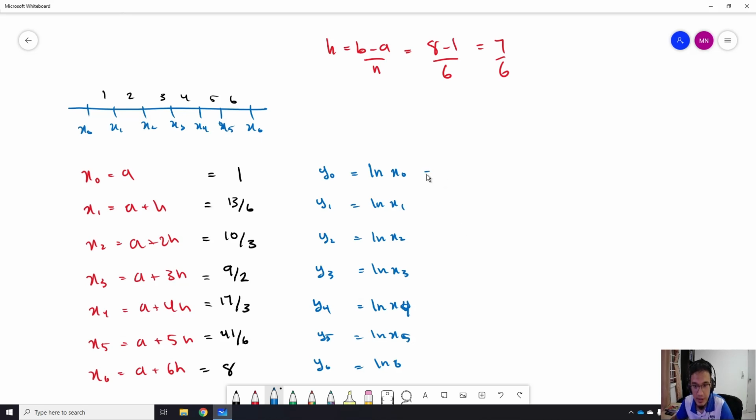That is equal to ln 1, which is 0, and ln 13 over 6, ln 10 over 3, ln 9 over 2, ln 17 over 3, ln 41 over 6 and ln 8.